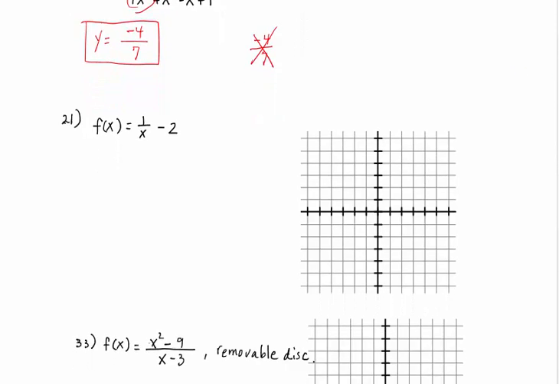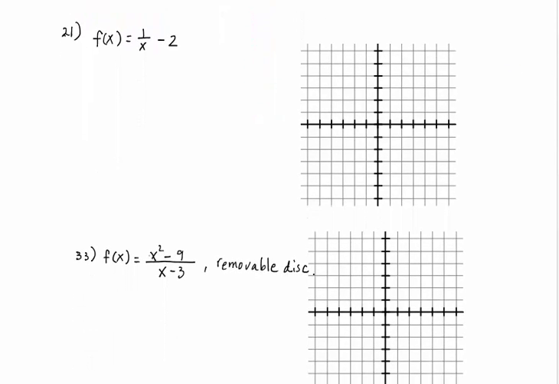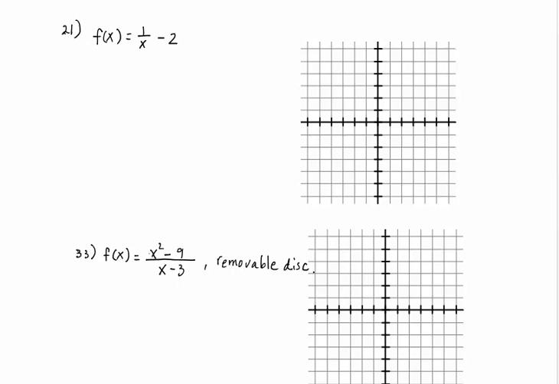Next, let's take a look at number 21. In 21, you're asked to do a quick sketch of the graph by doing a quick transformation. So we should know what f of x equals 1 over x looks like. It looks like something like this. Okay, so this -2 means you're going to shift it down 2.